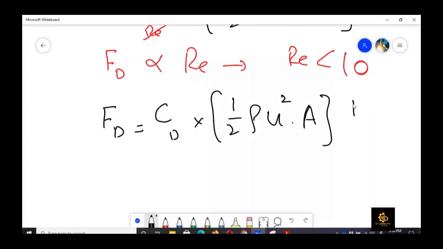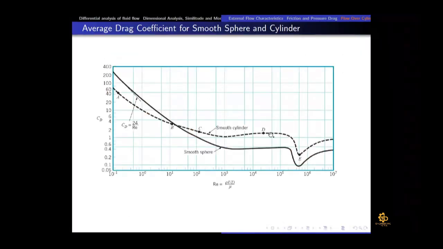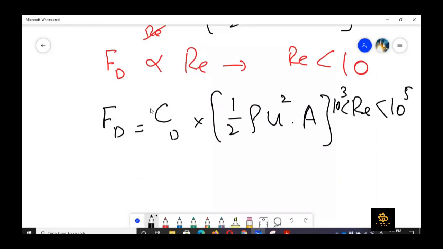Now I am talking about Reynolds number greater than 10 to the power 3, which is 1000, and less than 10 to the power 5, so the range from 1000 to 1 lakh. In this range, the CD line is almost a straight line for the sphere as well as for the cylinder. So we can say that CD is not a function of Reynolds number. Instead of CD we can just put 1 here, because it is independent; CD is constant.